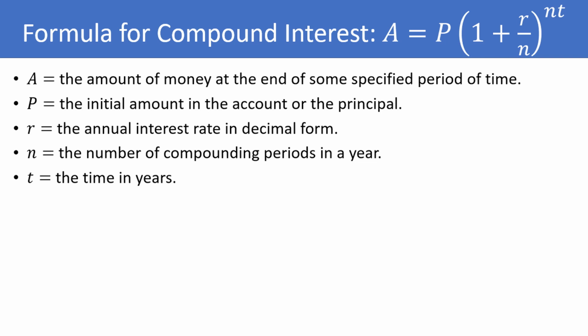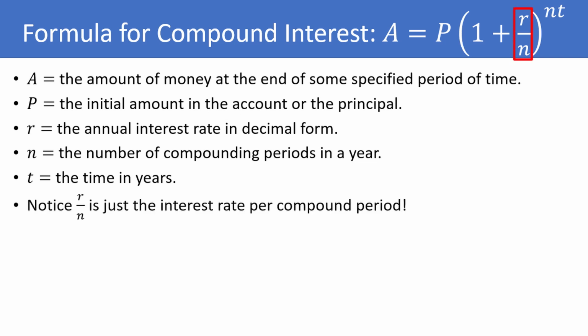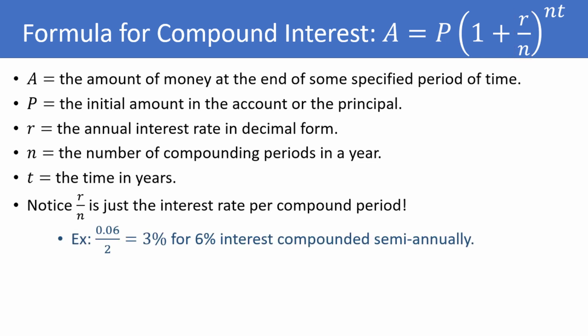If you look closely at the formula, you'll see that it makes a lot of sense with what we've already been talking about. r divided by n is just the interest rate per compound period. That's kind of like our 3% in the semi-annual compounding problem, which we got by taking 6% and dividing by 2. But we have to have 1 plus that amount, so that it's something like 103%.